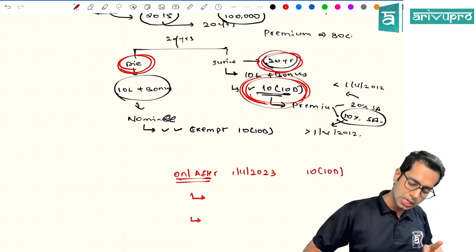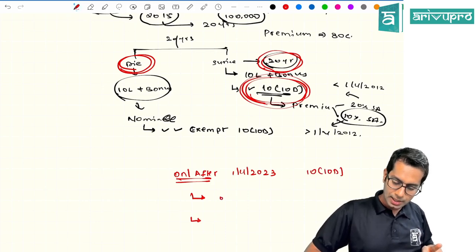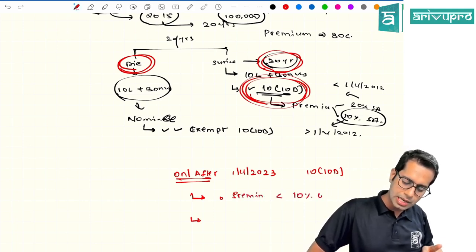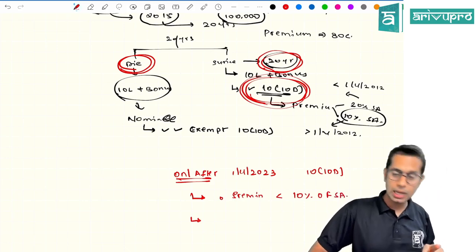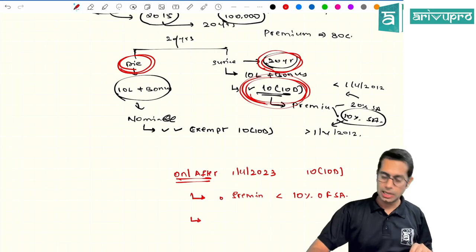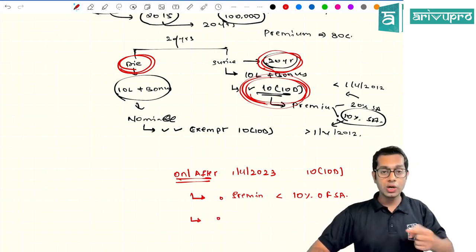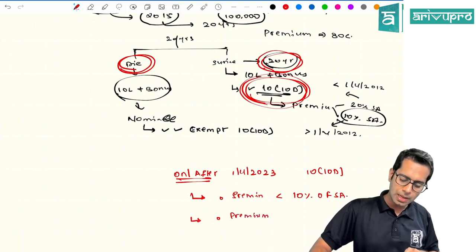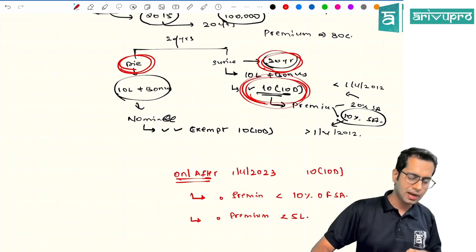What are the two conditions? Condition number one is that the premium should not be more than 10% of the sum assured. Now the new condition which has been added says the total premium which you are paying should be less than 5 lakh rupees.